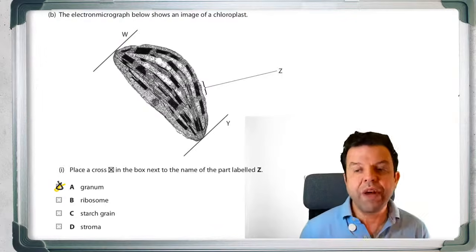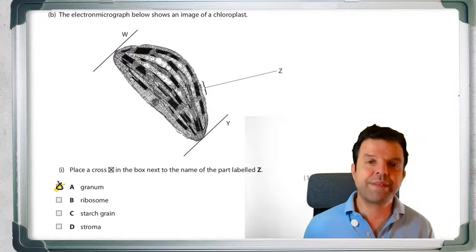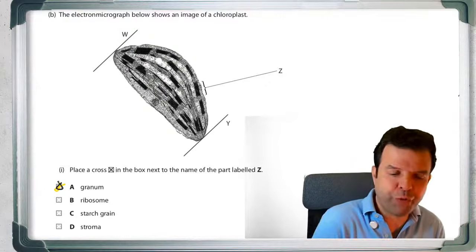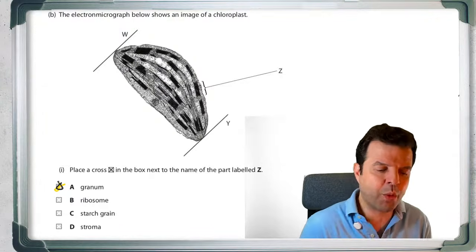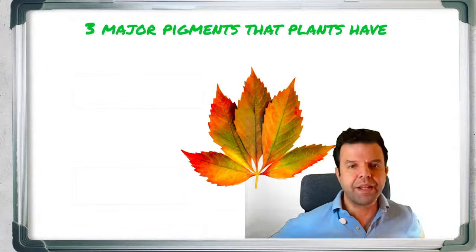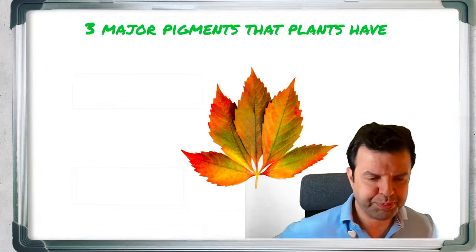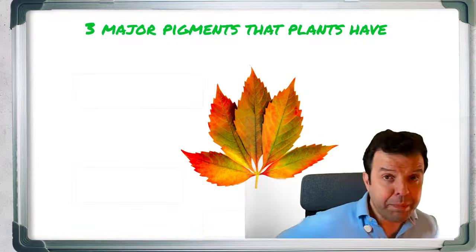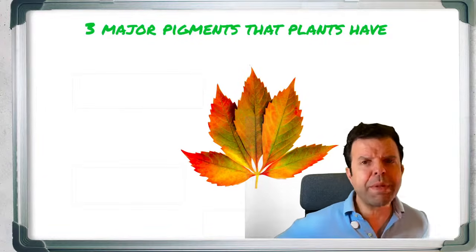Now, we have a practical. This is the one where we're going to look at the pigments of photosynthesis and see how they do their job. Have you ever seen a plant leaf in autumn? You realize that chlorophyll, the green pigment, is not the only pigment that plants have.